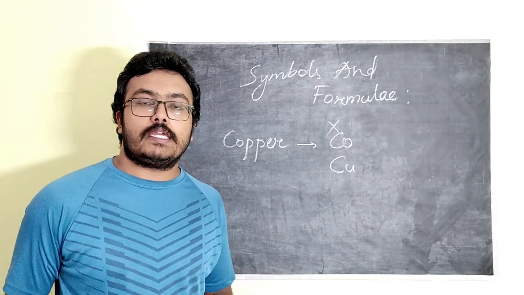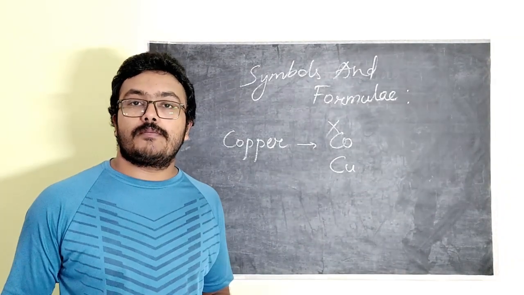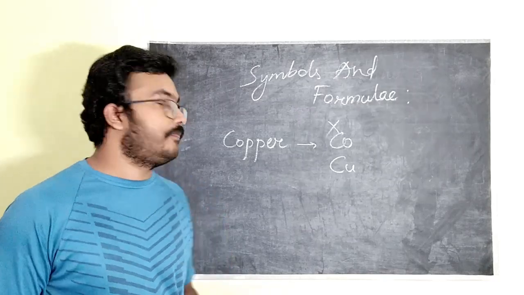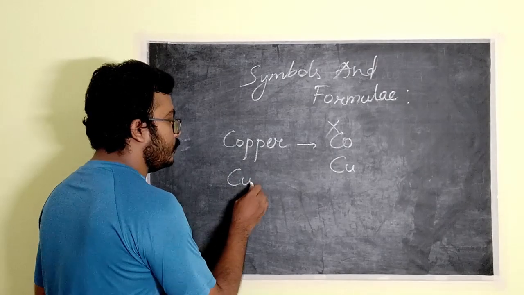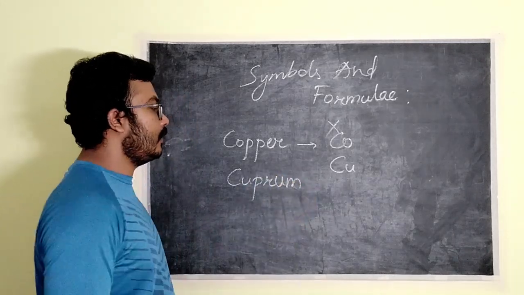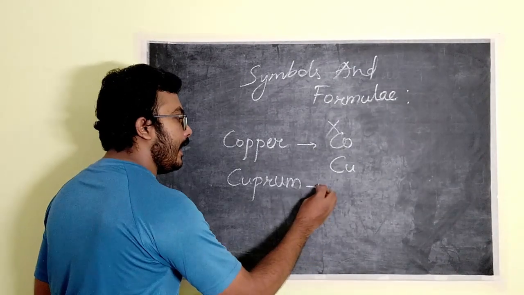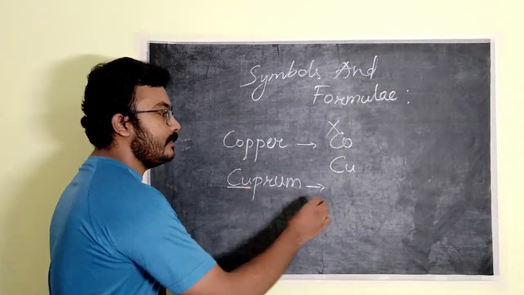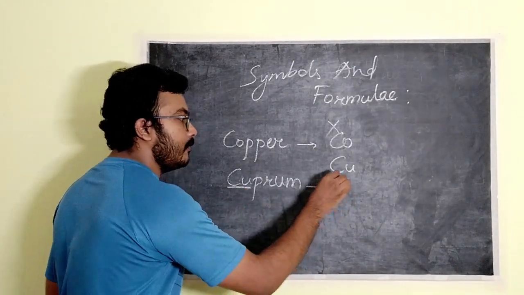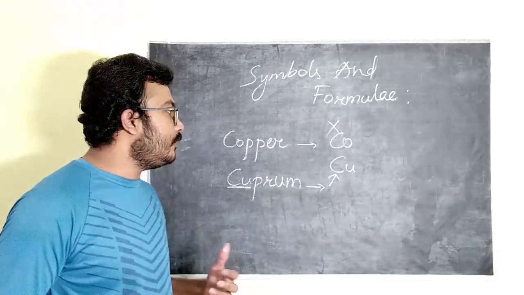Now if you ask me why it's Cu, the name copper is derived from the Latin name cuprum. So this is the Latin name for copper, and the symbol Cu comes from the Latin name cuprum. Now why don't we use Co?